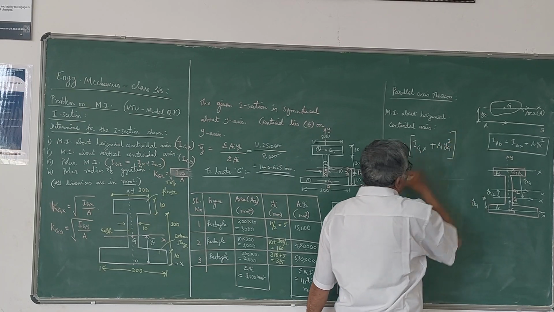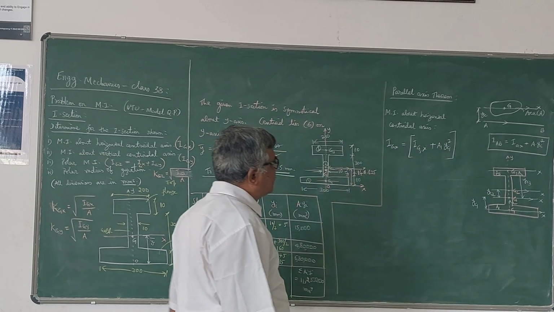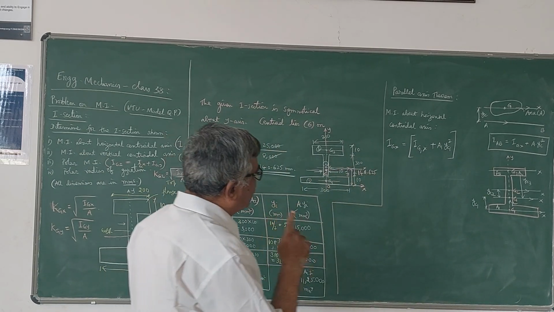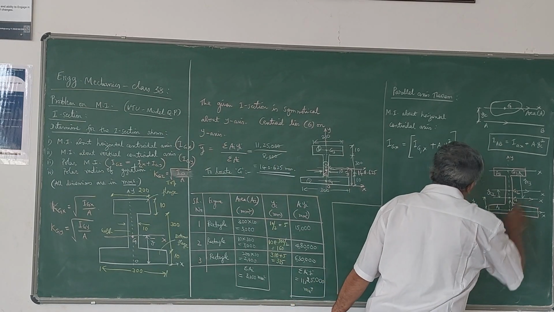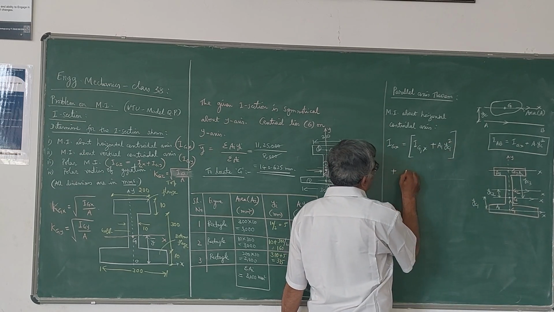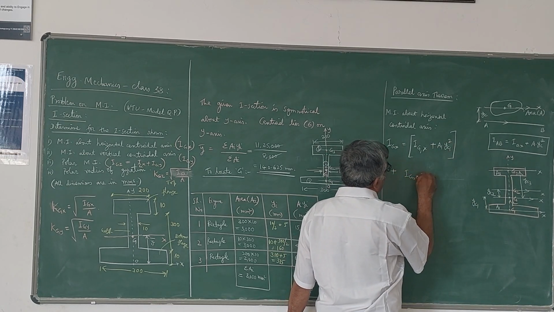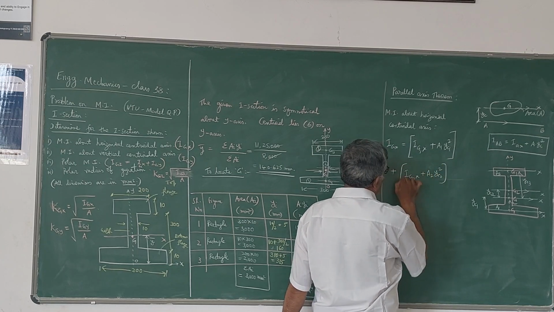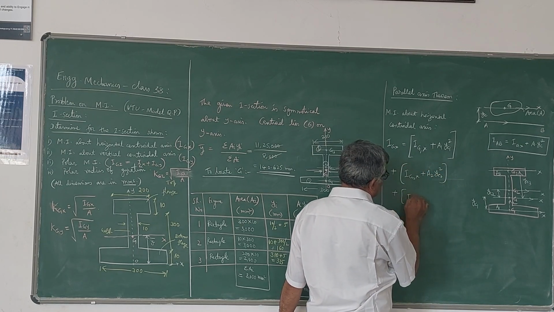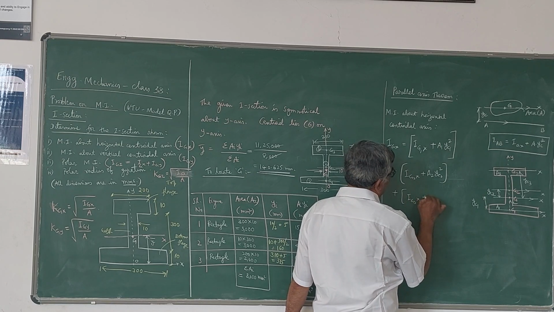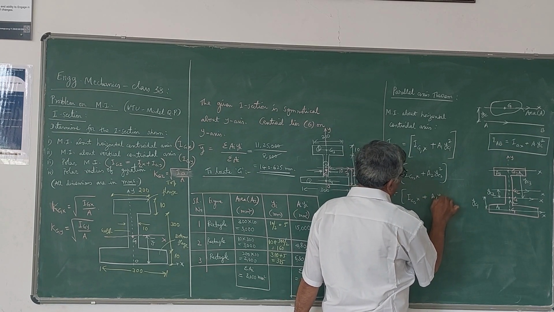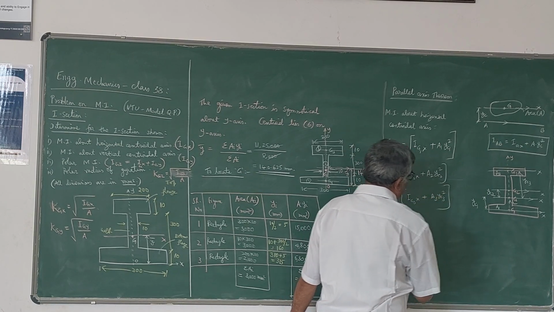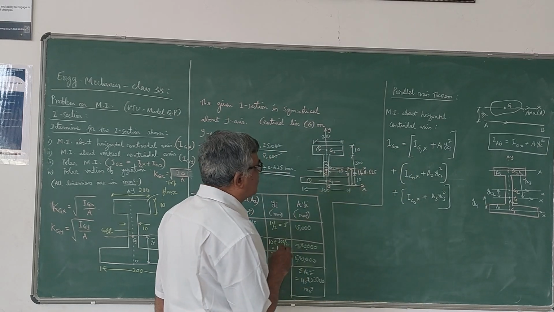Please note that this is the moment of inertia of the first rectangle about the centroidal axis of its own section. Then for the second one it is IG2x. Similarly you can write plus A2 into YC2 square, plus for the third one it is IG3x plus A3 into YC3 square. Now we have to substitute the values.